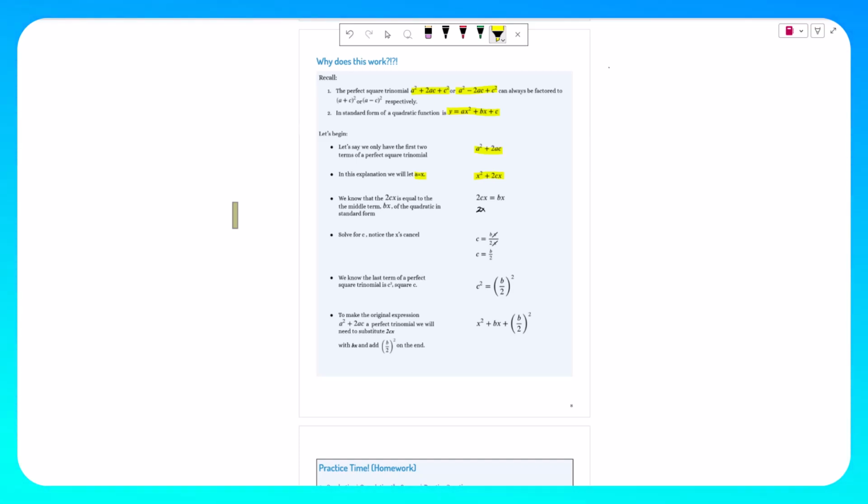Comparing this to our general form right here, in this case, we're going to say a equals 1. Notice that, because we have a 1 right here.